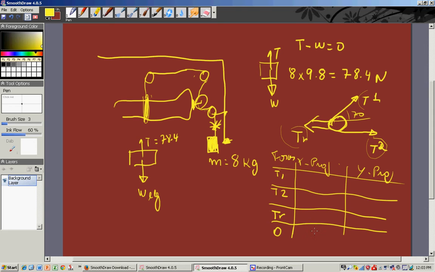You have T1, you have T2, and then we have T, the big traction. And the pulley is not moving, so the sum of these three forces as a vector should be equal to 0. Hopefully there is no motion. So let's call this direction positive.